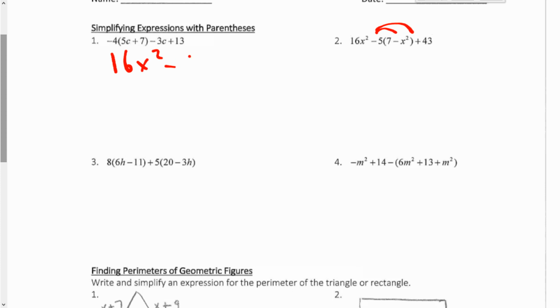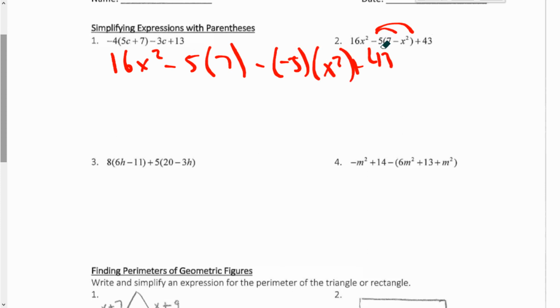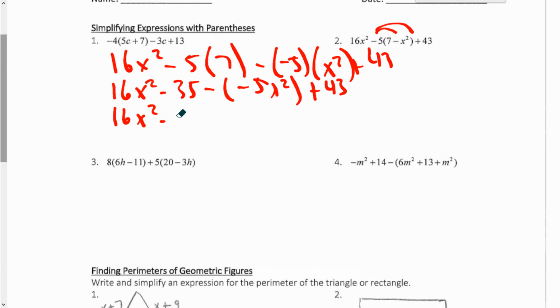So I'll have negative 5 times 7 minus negative 5 times x squared plus 43. So that's 16x squared minus 35 minus a negative becomes plus 5x squared plus 43.